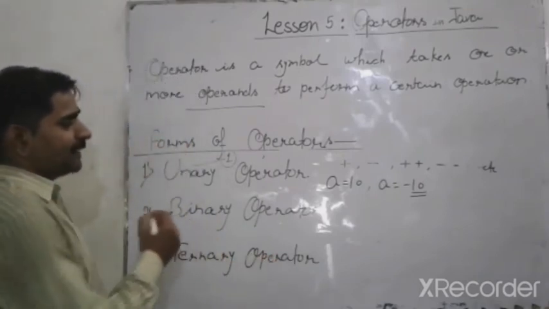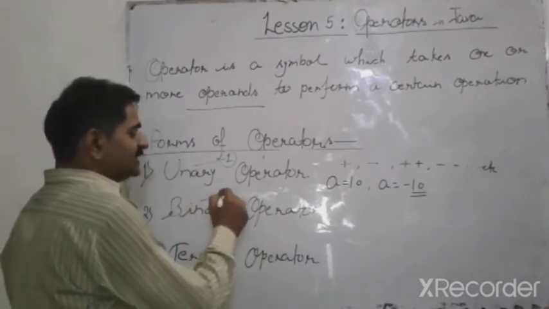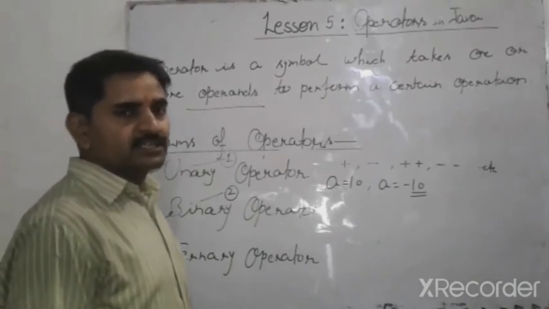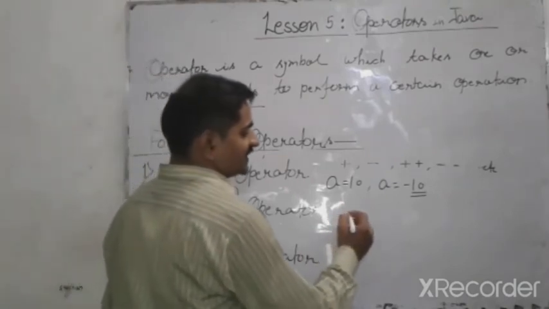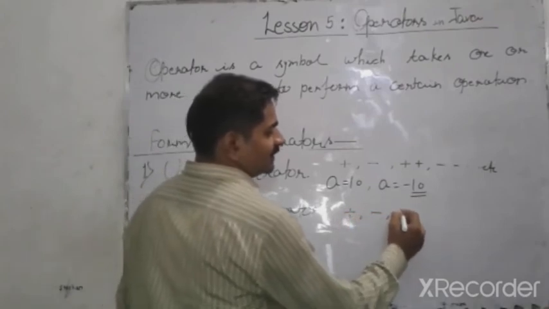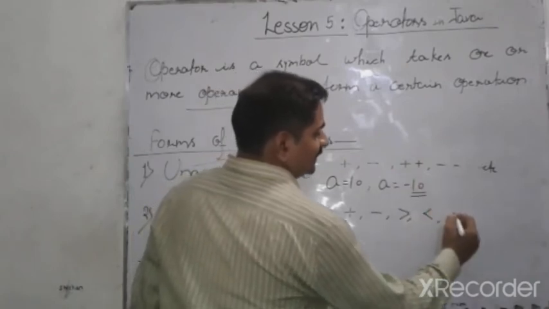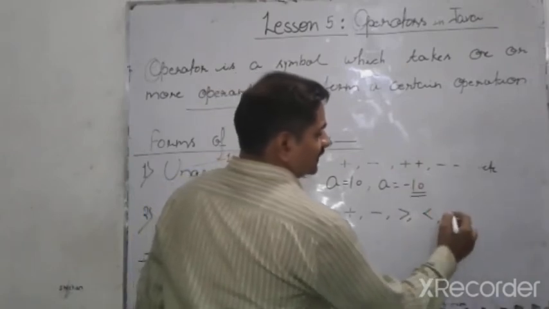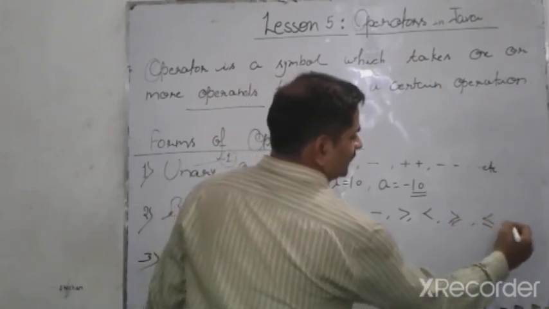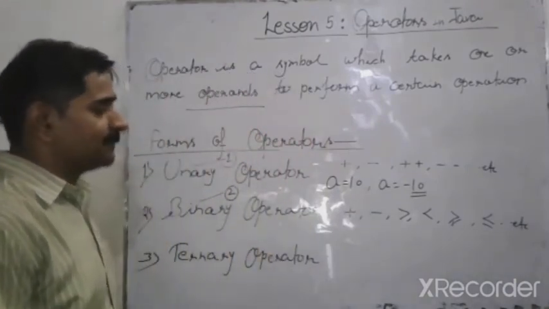Next is the binary operator. As the name implies, binary means two. So it is the operator which needs two operands. For example, plus, minus, greater than, less than, greater than or equal to, less than or equal to, etc. These are the binary operators.